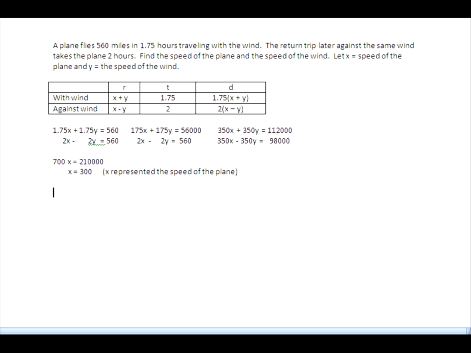Okay, and then we need to find y. So we go back to one of our two original equations, and most of us will opt for equation 2, 2x, so 2 times 300 minus 2y is equal to 560. So 600 minus 2y is equal to 560.